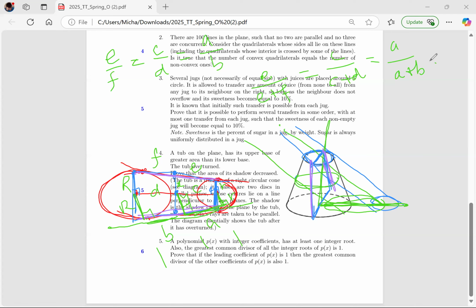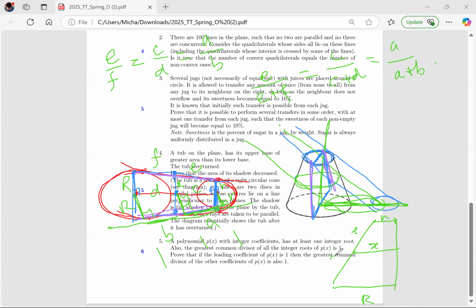Then if we zoom in on the X, this is little r, this is big R, this is x.